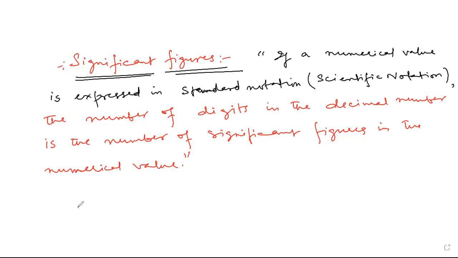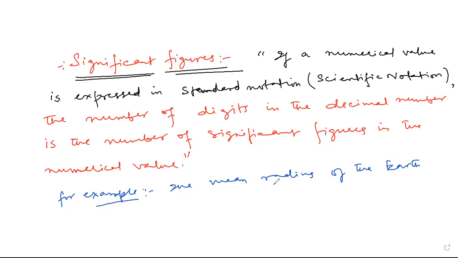For example, the mean radius of the Earth is 636 followed by 4 zeros, this much meters.